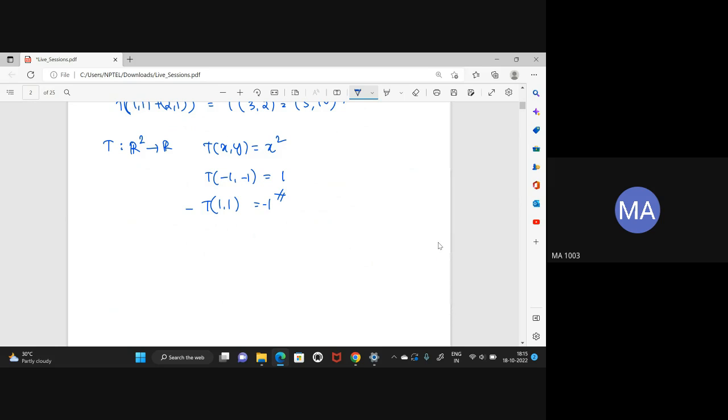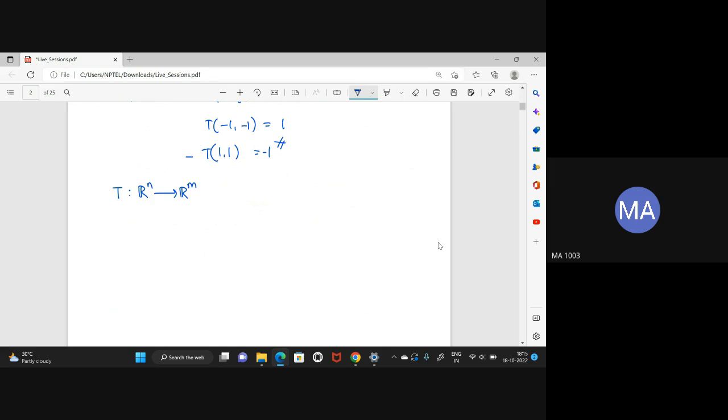So a linear transformation cannot have powers. Basically, a linear transformation from Rn to Rm is going to look like T of (x1, x2, ..., xn) equal to (a11 x1 plus a12 x2 plus ... plus a1n xn, a21 x1 plus a22 x2 plus ... plus a2n xn, ..., am1 x1 plus am2 x2 plus ... plus amn xn).